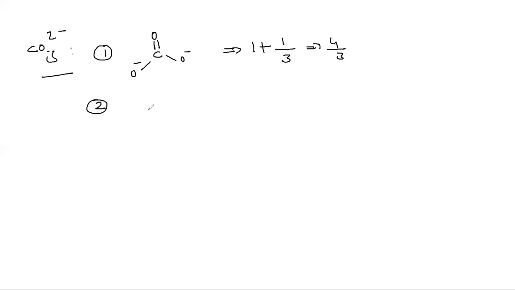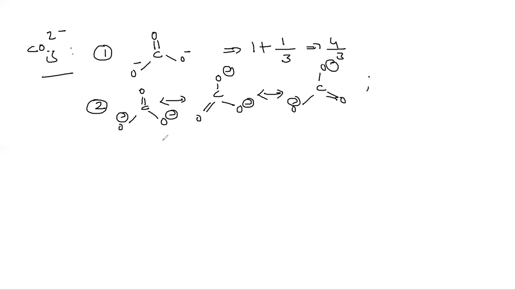And in the second method, remember I discussed it yesterday also. The resonating forms of the carbonate ion are like this, what we discussed. This is the second resonating form, and the third resonating form is like this.